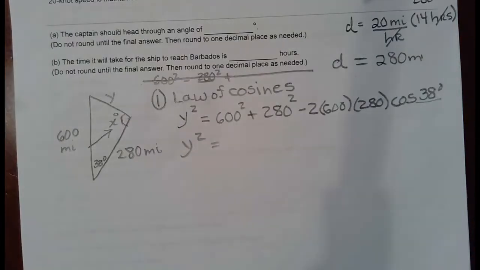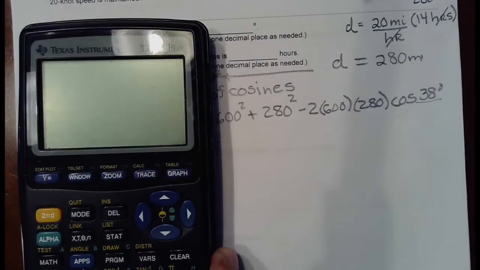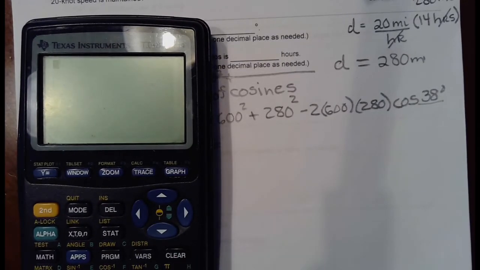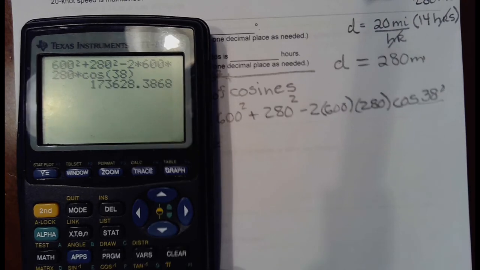Just write it here to have something, even though I'm keeping the entire thing in my calculator. And then if you want y, you have to take the square root. So y is approximately second square root, second, dump that answer in, 416. Round to 1 decimal place for the angle, 1 decimal place for this.